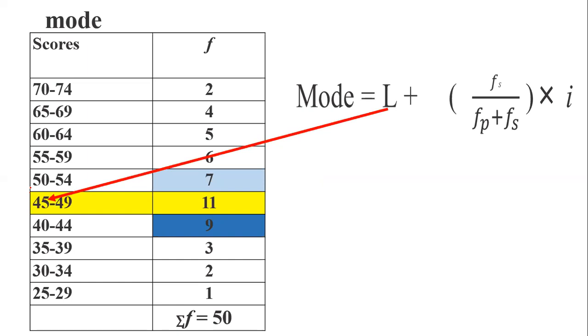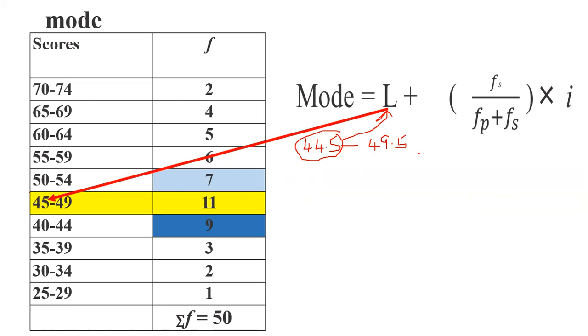This class has the boundaries 44.5, that's the lower boundary, and the upper boundary is 49.5. We always use the lower boundary. So the lower boundary is what we are going to use here as our modal class L.